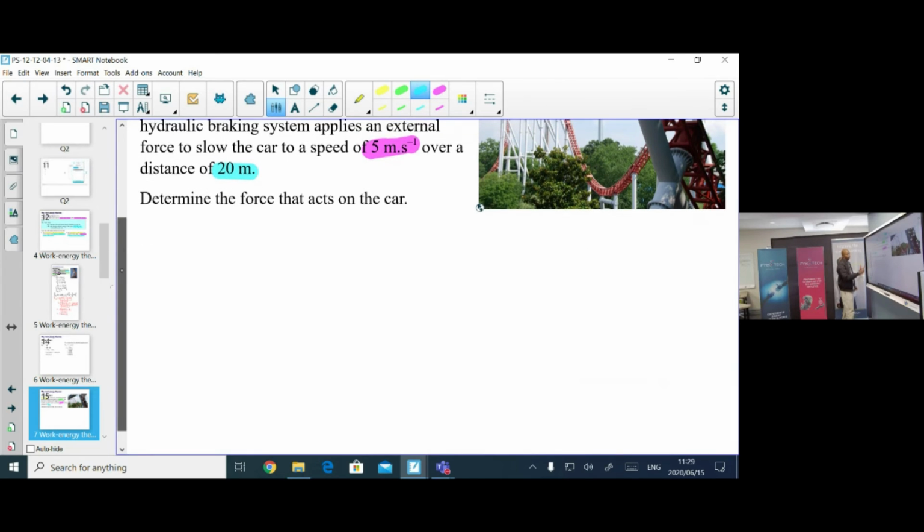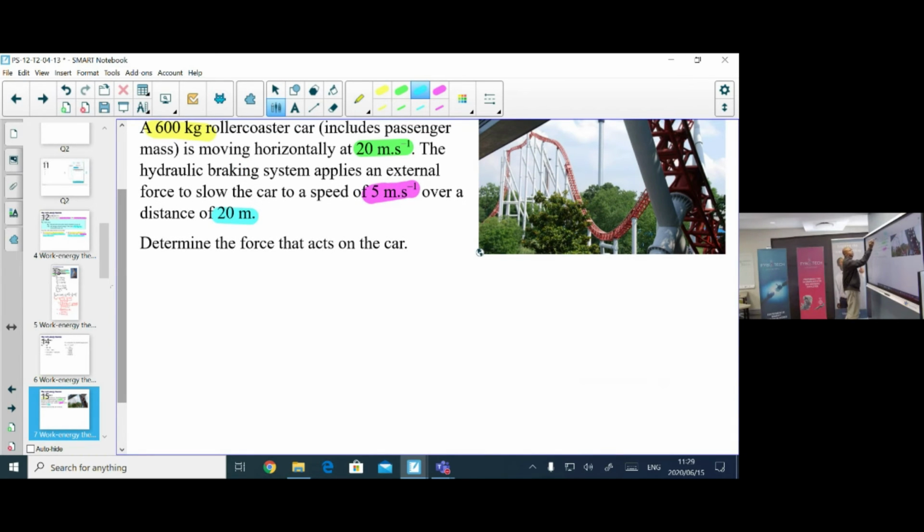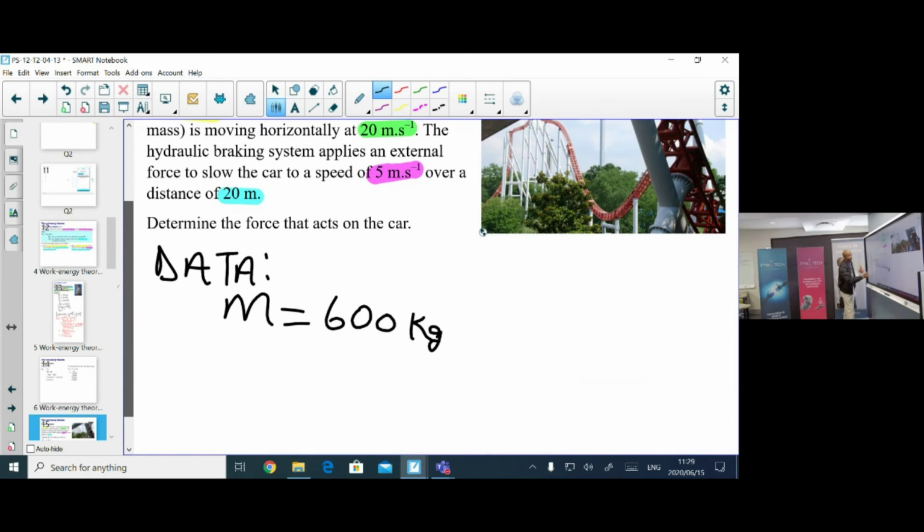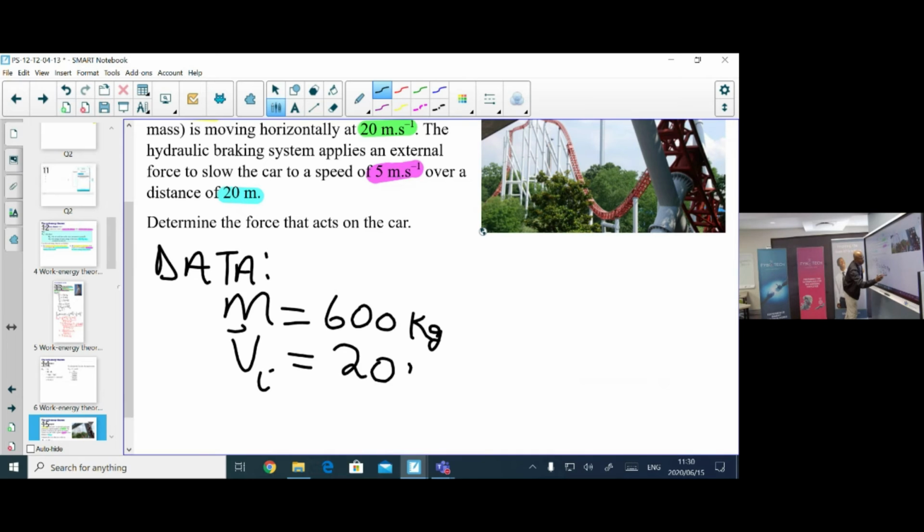All the time, you have to write down the given information. You go back, you write your data. This is the given information. This given information here, what is it given? We have the mass. The mass there is 600 in kilograms. The initial velocity, which is equal to 20 meters per second. And what else?